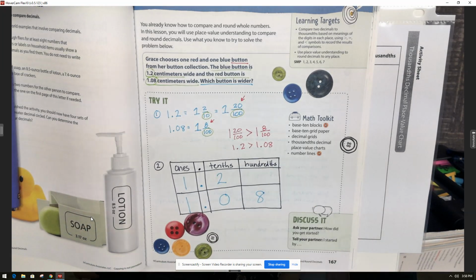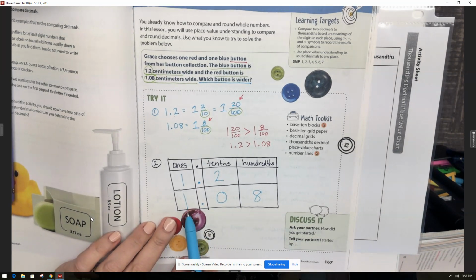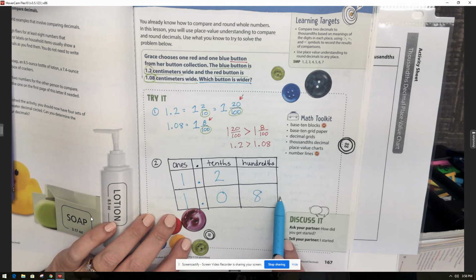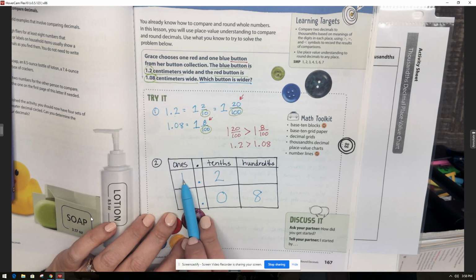So there's 2 different ways that you can look at this to decide which decimal is larger. What you can do first is you can start at the ones place. When you're comparing decimals, you're always going to start on the left instead of starting on the right like we normally do. So you're going to start over here on the left. They're both a 1, so we know that here they're still equal.